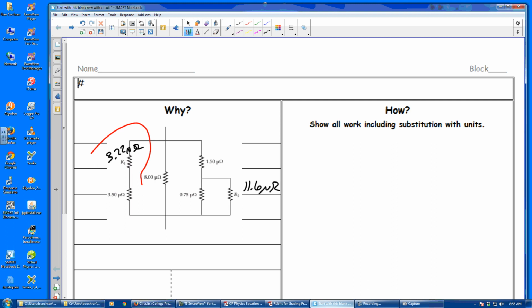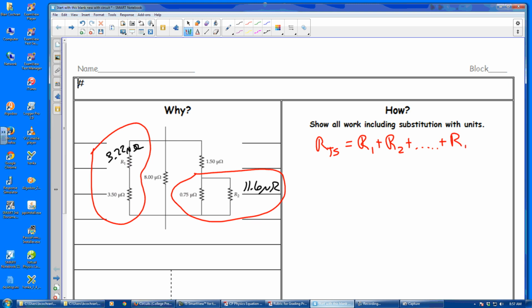So I am combining these two into a single resistor because they're in series, and I'm combining these two into a single resistor because they're in parallel. I'm going to do the series part first. So I know that our total for a series is R1 plus R2 plus ... Rn.